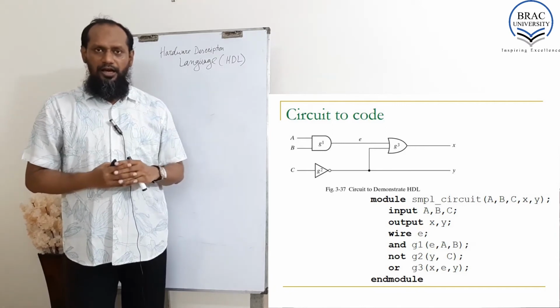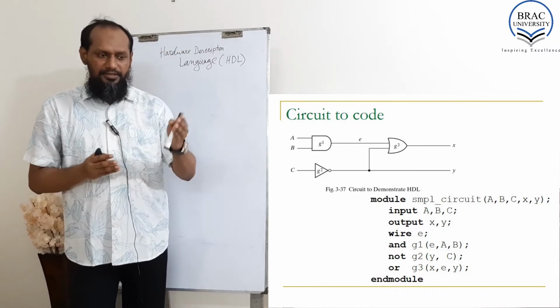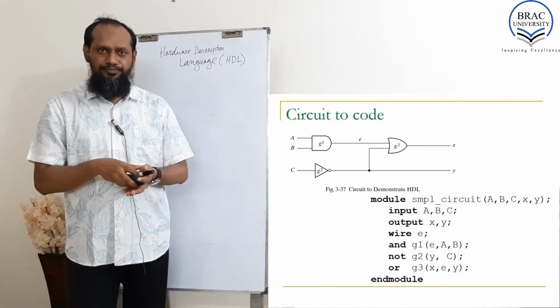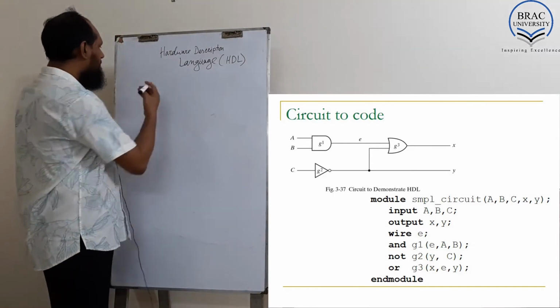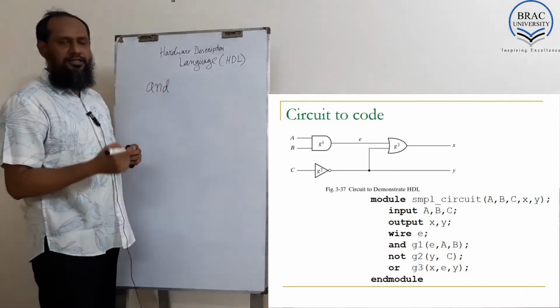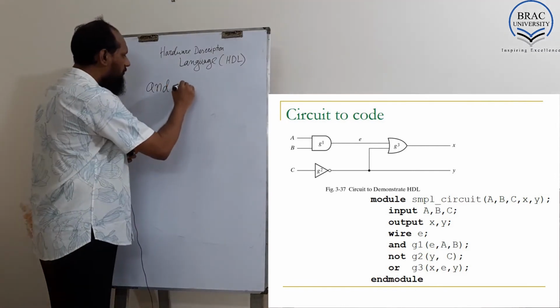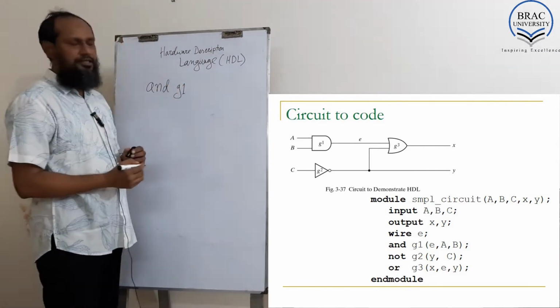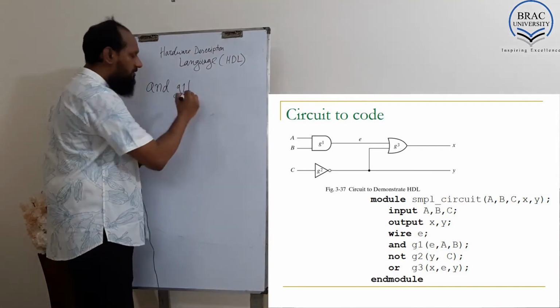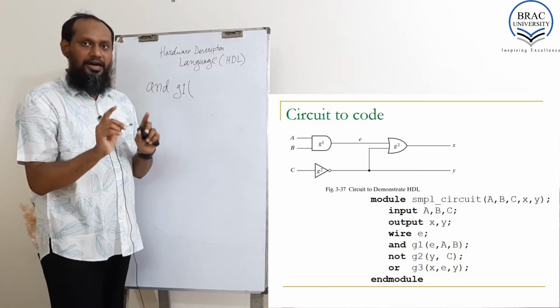Now, how can we describe the gates? Just write the name. For the AND gate, write the name, and then the name of the gate, G1. An important thing is that first you have to write the name of the output variable.